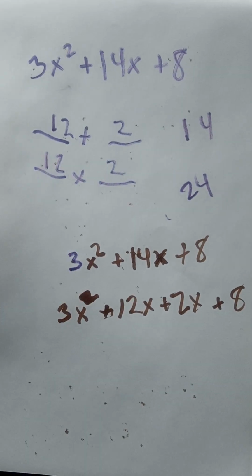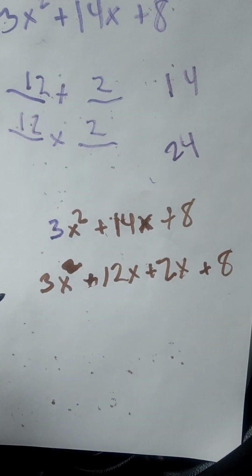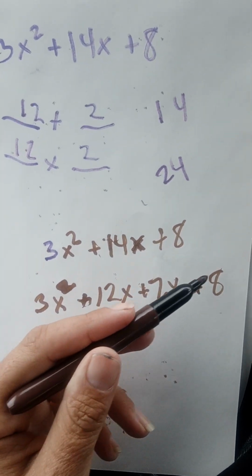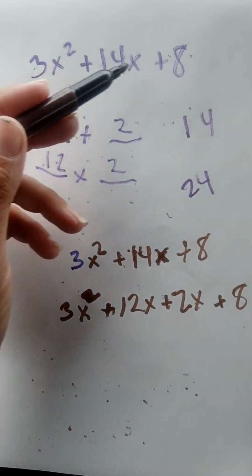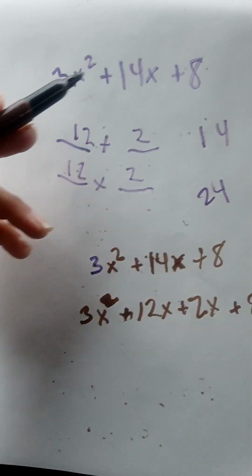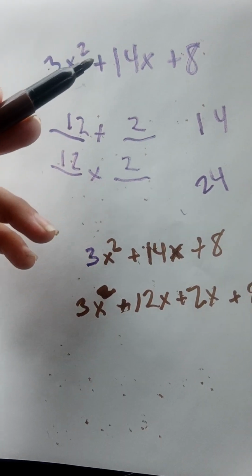And see, we took a trinomial and we made it into a four-termed situation. We have a mathematical situation that now has 4 terms. And this is way easier to factor than looking at this, because this doesn't look very familiar. You can't factor a 3 out of 14, and you can't factor a 3 out of 8, because 3 doesn't divide into 14 and 8 evenly.